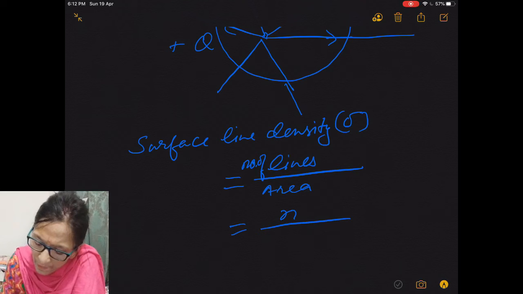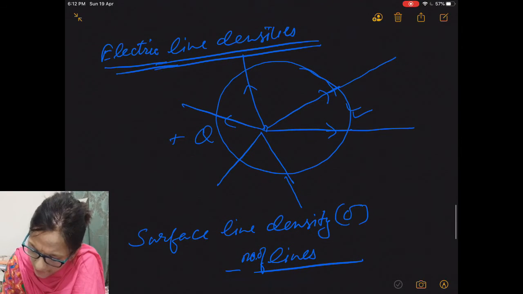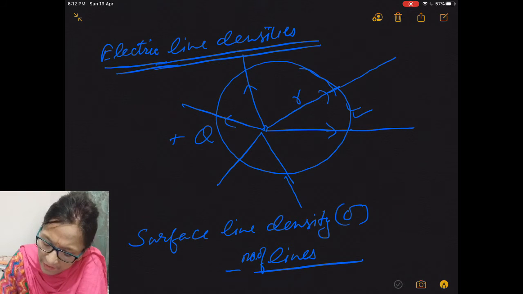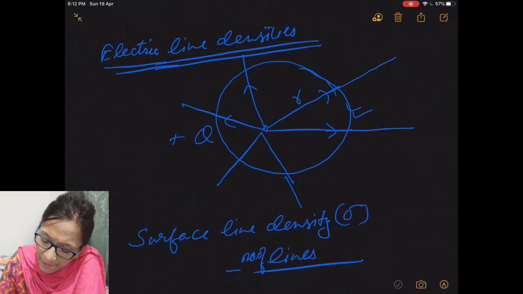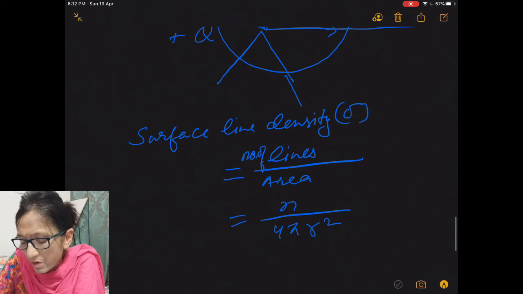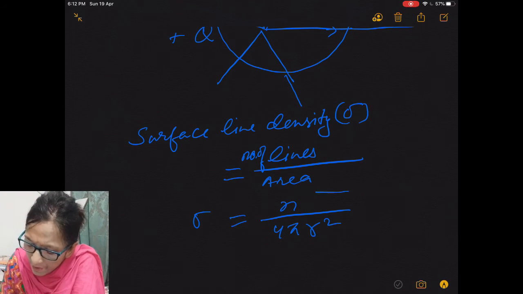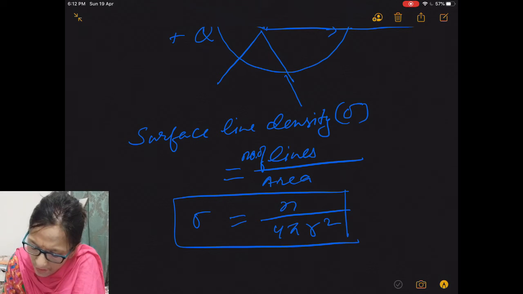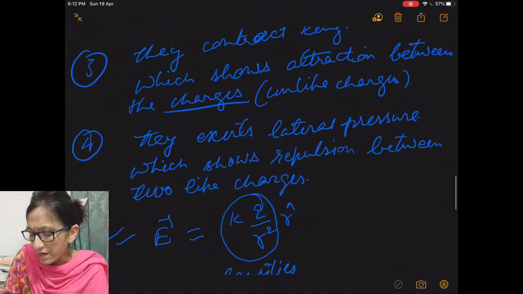Let the number of lines be n, divided by the area of this surface. And we know that area of a surface can be written in terms of its radius, and it is equal to 4 pi r square. So surface line density comes equal to n upon 4 pi r square.